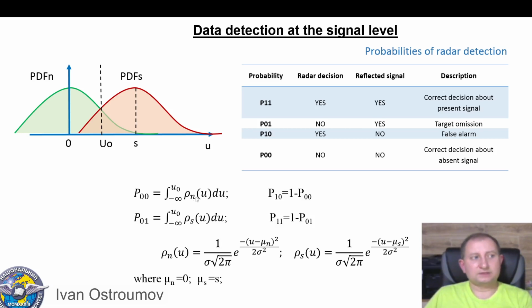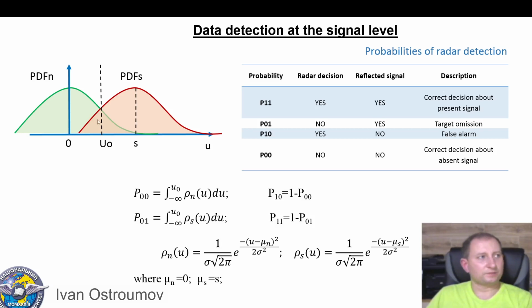Next, let's consider in the same way the probability of target omission. However, in this case, we need to use the probability density function of signal and not noise or absence of signal.